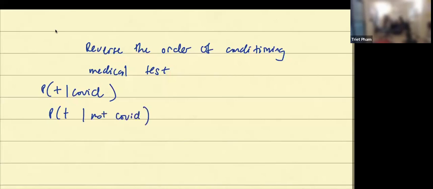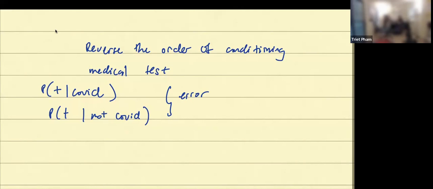Something like that: if you have COVID, the test will come out positive. And if you don't have COVID, let's say so. Why do we put both of these here? The reason is about error. No test is perfect. No test would completely tell you that you have COVID if you have COVID.